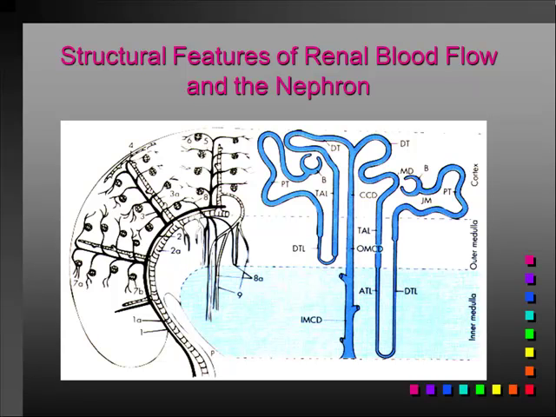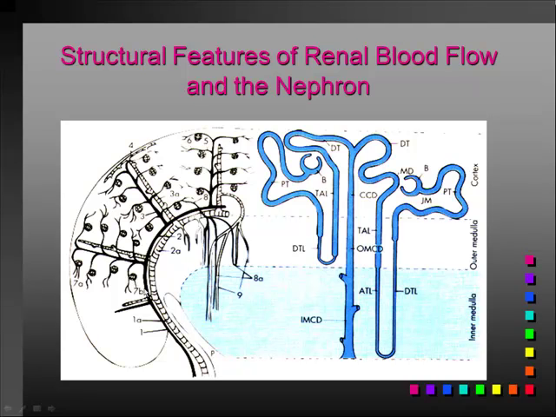What happens is basically we have the renal artery coming in, and that branches off into what are called the interlobar arteries, going into different sections of the kidney. Then the interlobar arteries coalesce into what's called the arcuate artery right here, which goes all along the corticomedullary junction that I just mentioned. So up here is the cortex of the kidney, and down here is the medulla of the kidney.